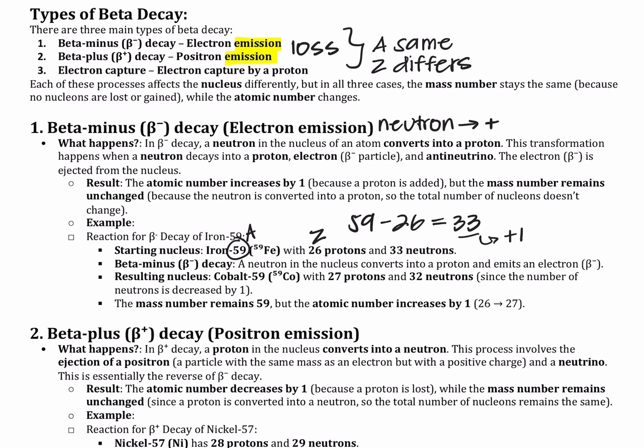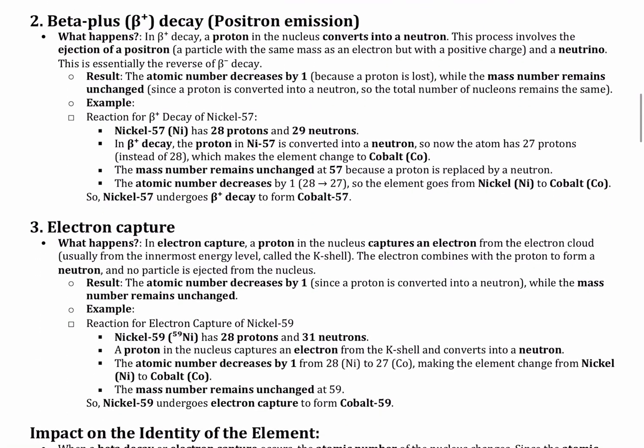We've added one more proton. Now we have an additional proton, and that means our atomic number goes up. It becomes 27. Now we go from iron to cobalt because cobalt has 27 protons. And we see here that yes, the neutrons is 37, but the mass number will still remain the same.